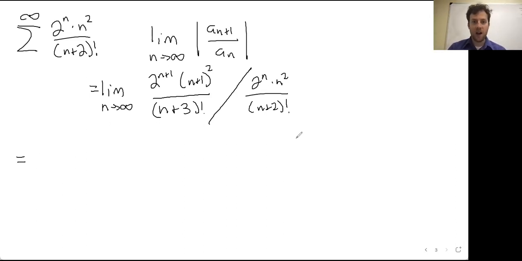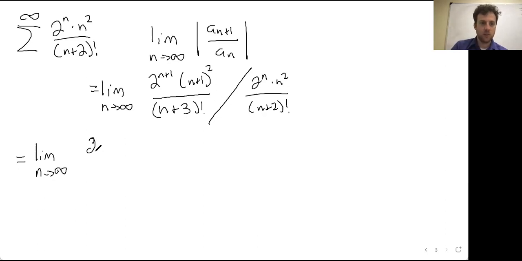So then we simplify, and the way that we simplify and write what comes next is often really similar. We're going to flip this and multiply it. So that means this bottom factorial is going to be on the top of the fraction, and this top 2 to the n and n squared is going to be on the bottom of the fraction. Knowing that's how things get flipped, we can group things according to what type they are.